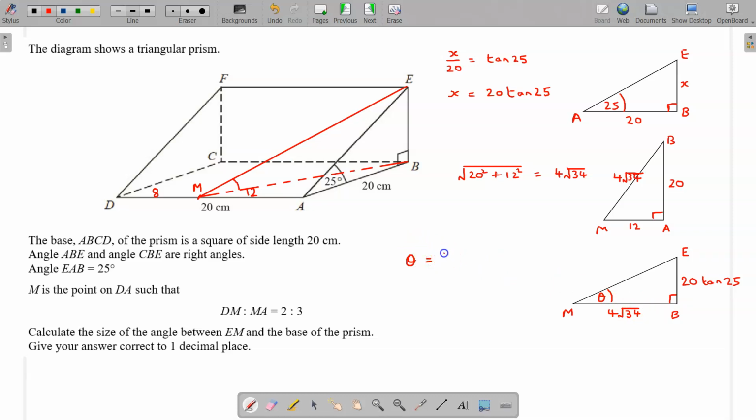So theta is tan to the minus 1, or the inverse tan of, opposite over adjacent. So it's 20 tan 25, over 4 root 34.